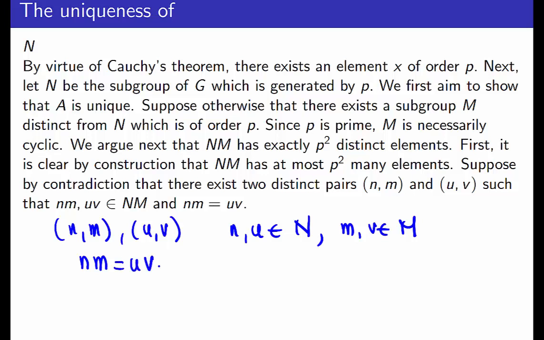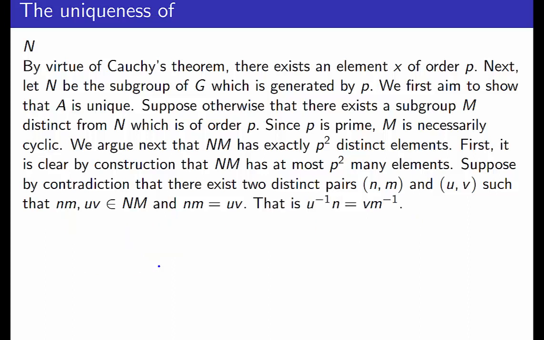Okay. Suppose by contradiction such an element exists. So if we rewrite this, then this will tell us that u inverse n must then be v m inverse.